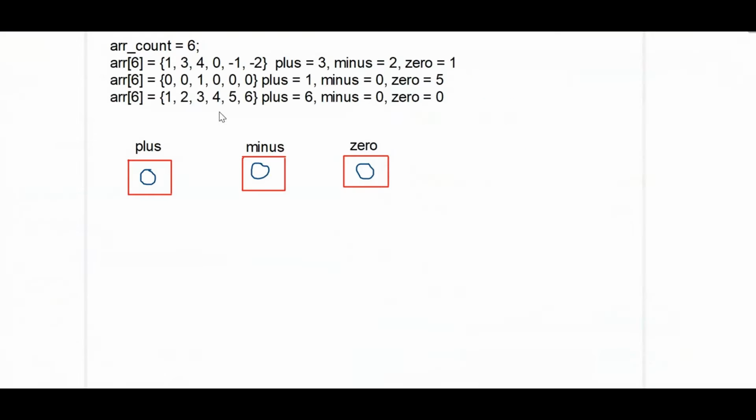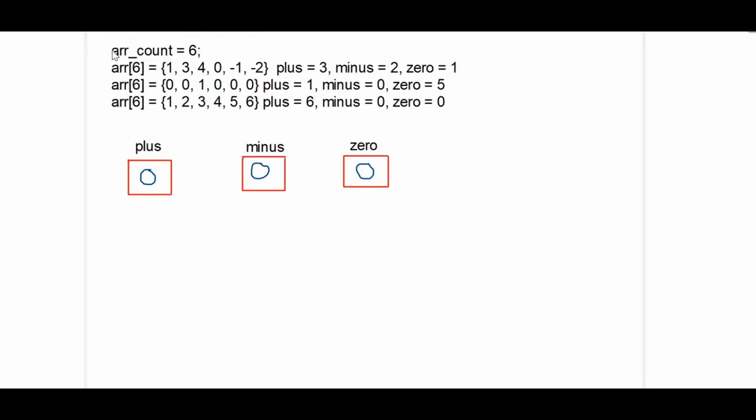Let me show you here. First we have the array count. The array count is 6. If we consider the first array, these are the elements of the array.